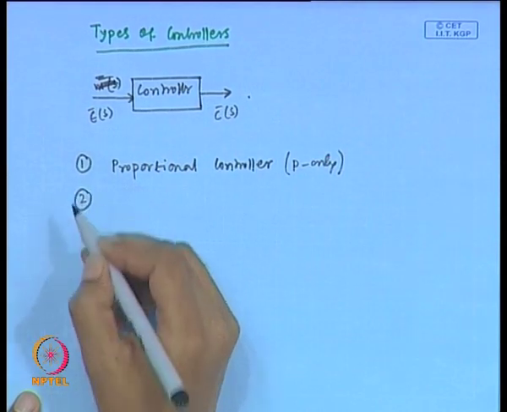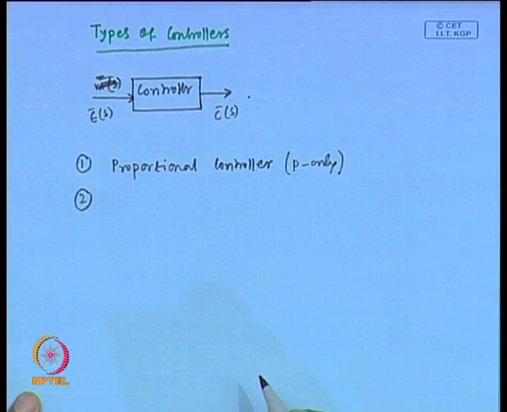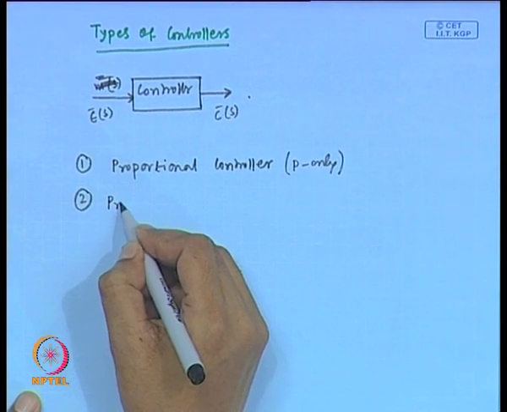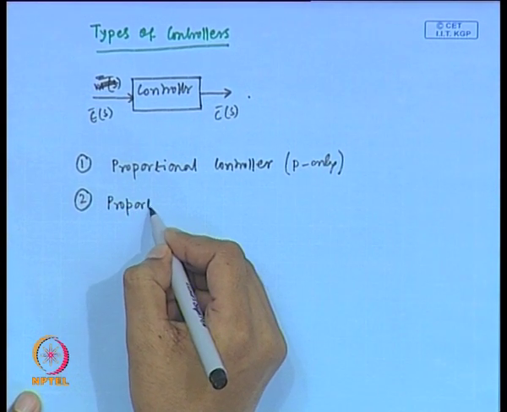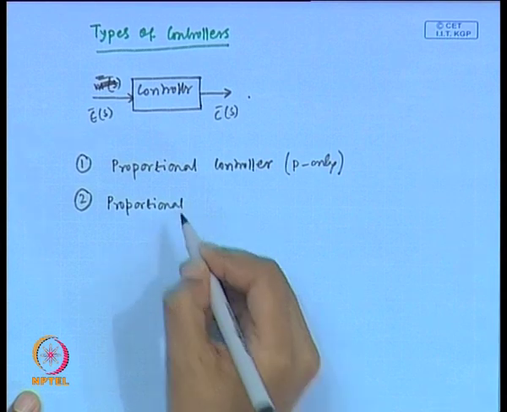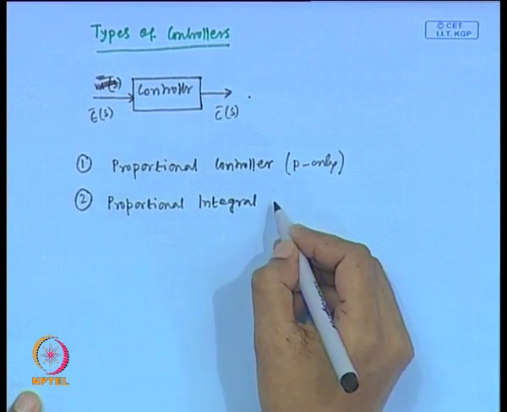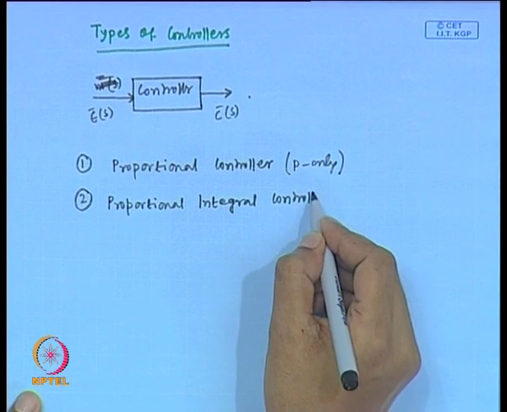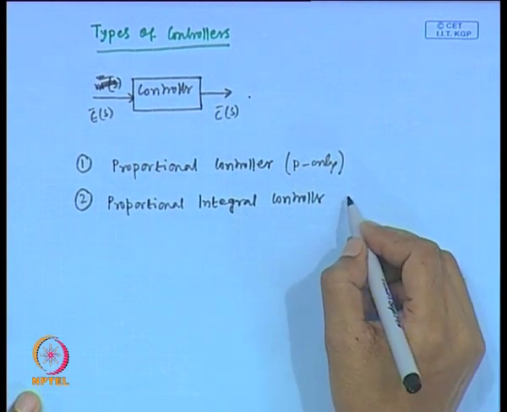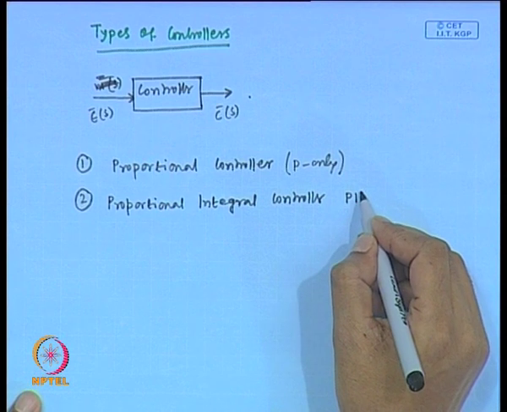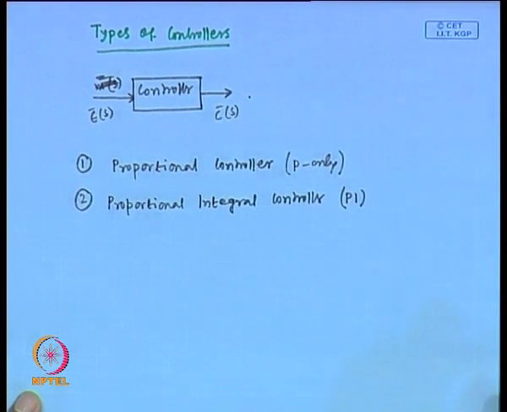Second controller is proportional integral controller, which we can call as PI controller.